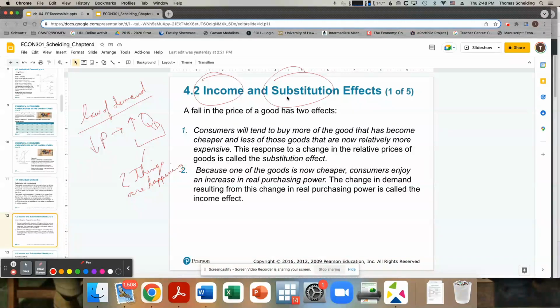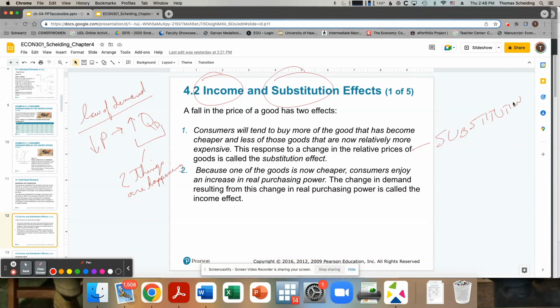Now, this substitution effect, which is being described right here, is not the same as substituting an orange for a clementine or a desktop versus a laptop. We're not talking about those types of substitutions. We could be talking about a can of Pepsi and a computer. Obviously Pepsi and computers do very different things, so they're not substituting for one another.